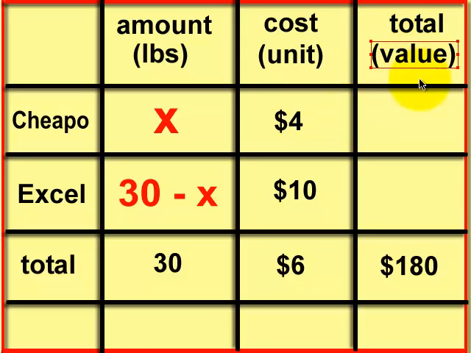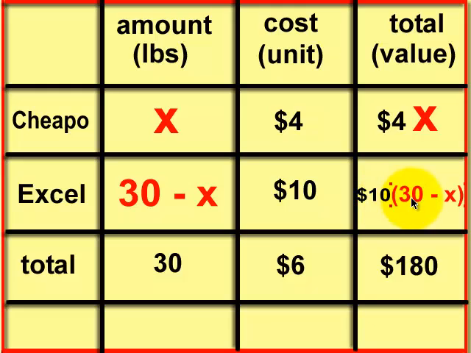So the total cost over here, the total value, again, if this was 7 pounds, 7 times 4 would be $28. That would be the total value, 7 times 4. But we don't know what this is as a value, but we do know how to multiply a constant, a regular number, times a variable. Right? 4 times x is 4x. And then 30 minus x times 10 is just 10 times 30 minus x.